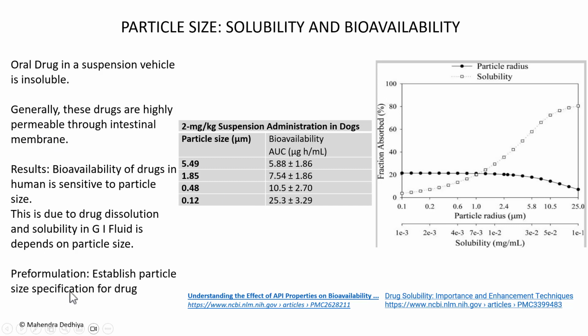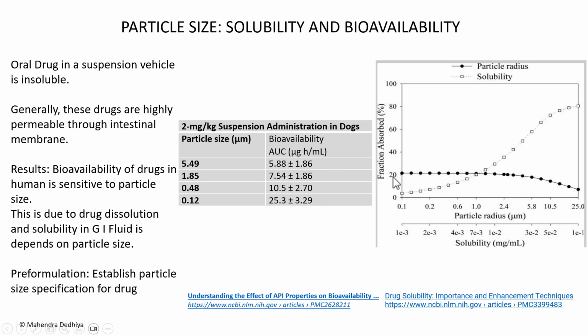In preformulation studies, we look at different particle sizes and make suspensions and look at bioavailability in animal models such as dog. As particle size decreases from 5.49 micron to 0.12 micron, bioavailability increases.